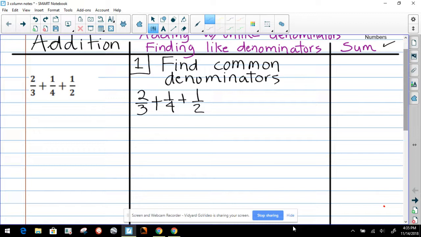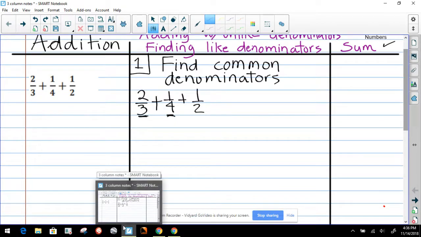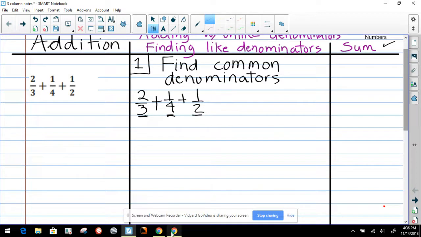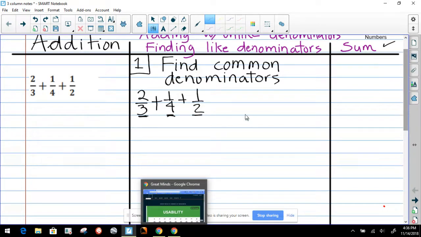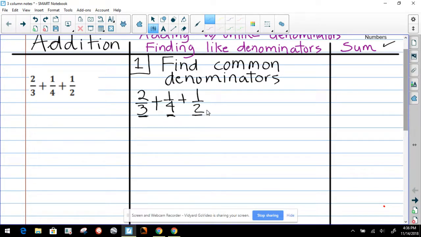For example, we can see that 3 times 4 equals 12. So now these two can have the denominator of 12. Now, how do we make the 2 have a common denominator? Well, the only way we can do it is by multiplying it by 6. So now we know that they can all have a common denominator of 12.